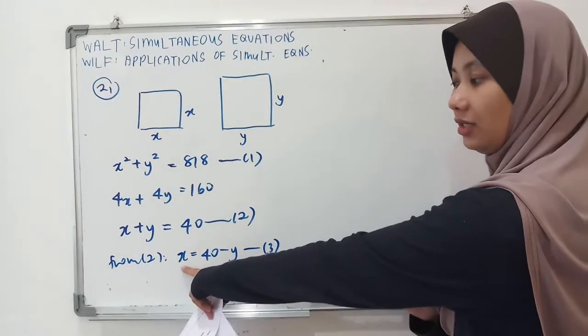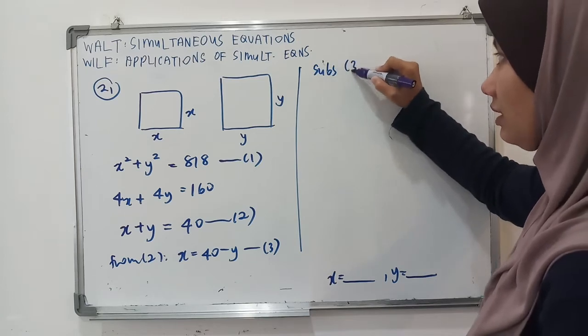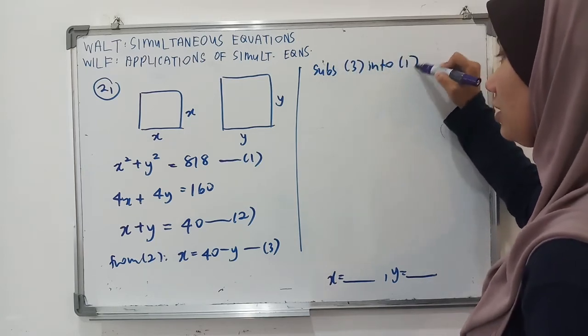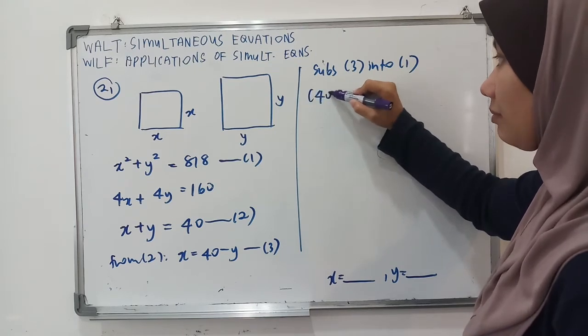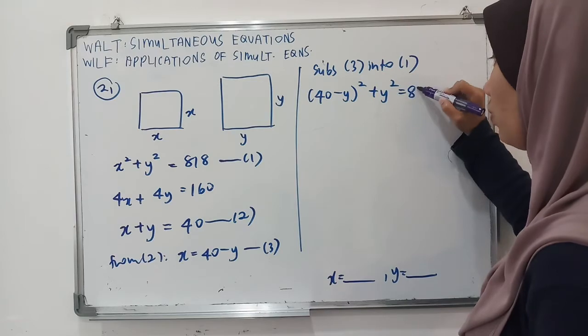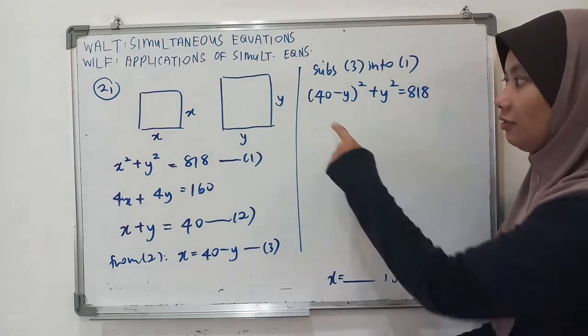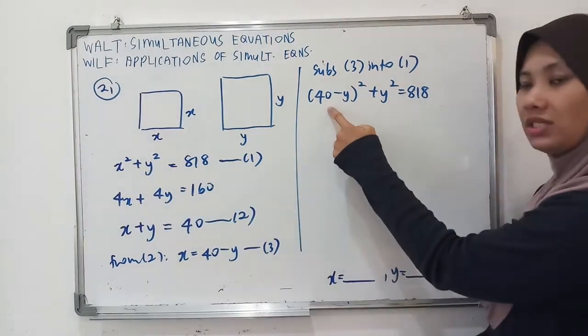I have x already. So now you substitute the third equation into the first equation. So you will get (40 minus y) square plus y square equals 818. 40 minus y from here, x square, put inside.